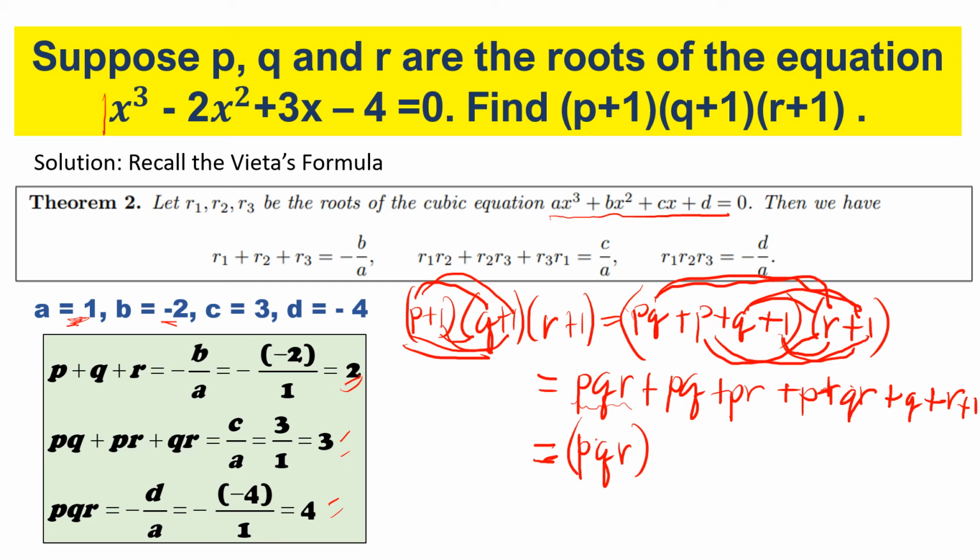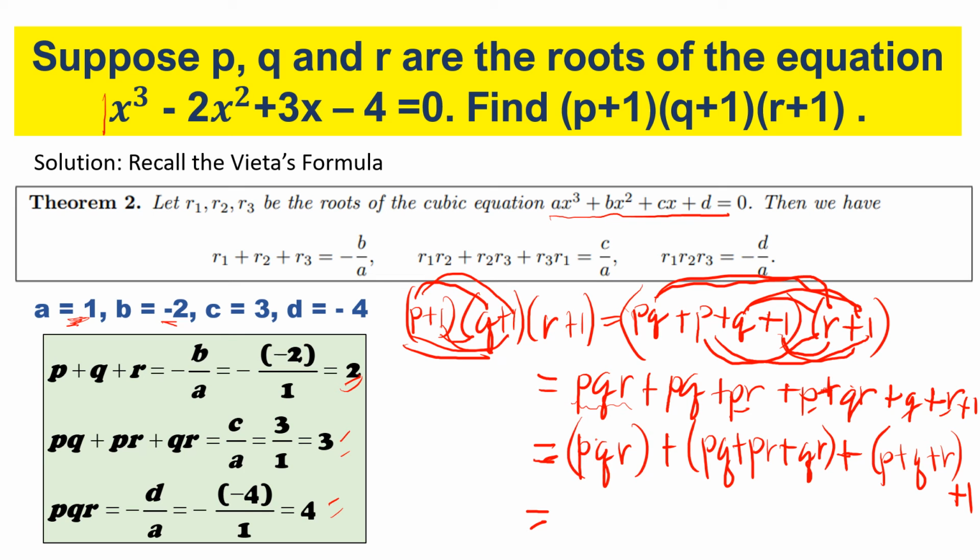PQR plus PQ plus PR plus QR, and then plus P plus Q plus R, then plus 1.